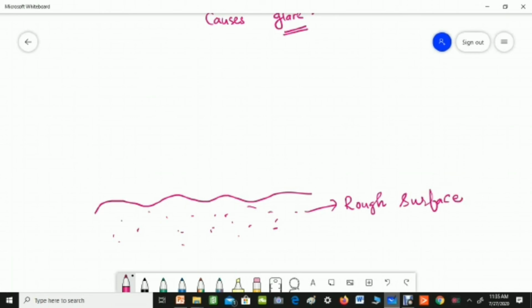If a beam of parallel rays of light falls on a rough surface, the rays of light do not remain parallel after reflection.